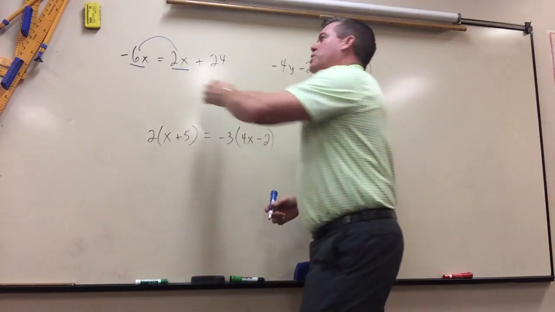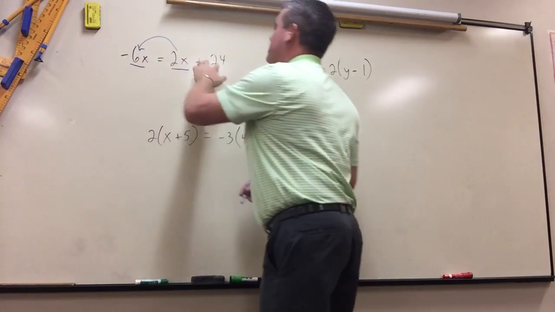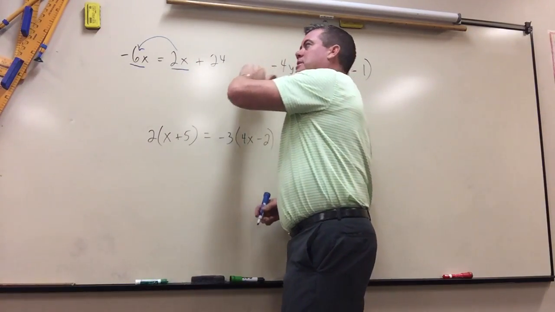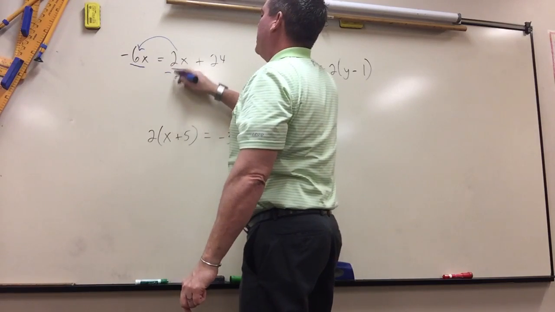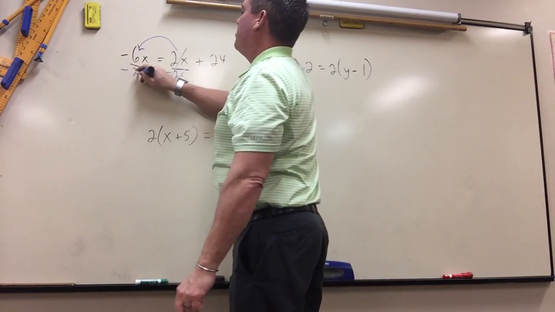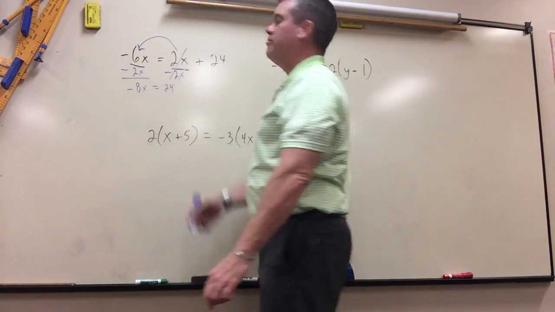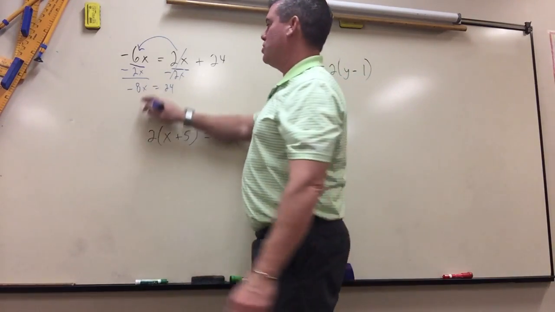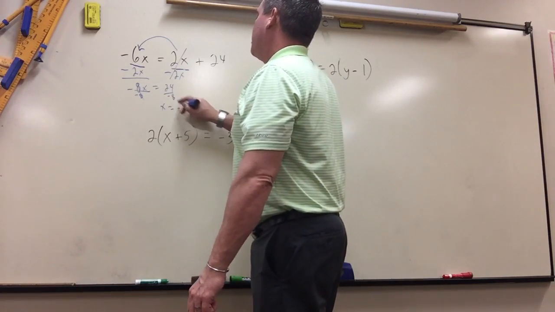It doesn't matter which way you move them, but it's quicker if you move this one over here because then the plain old number is by itself. So to get rid of this, you do the opposite, you minus 2x. So you do the same thing to the other side, and you get -8x equals 24. Now it's a one-step. You just divide by -8, and you get -3.